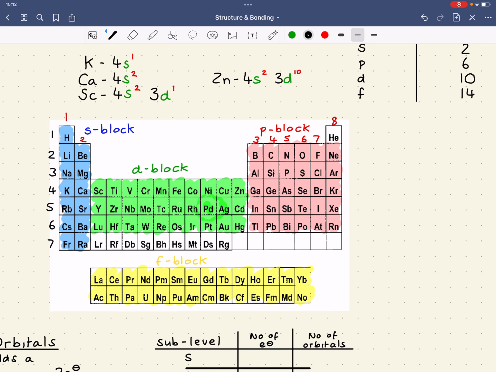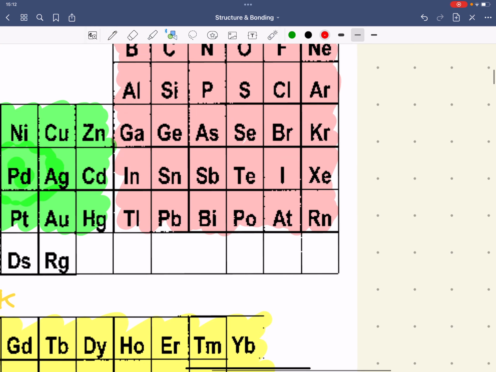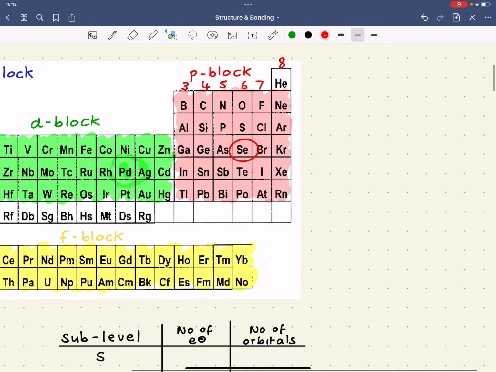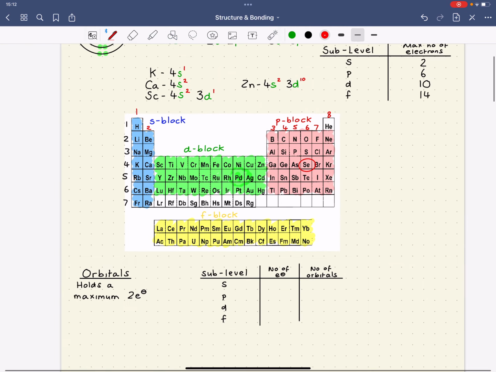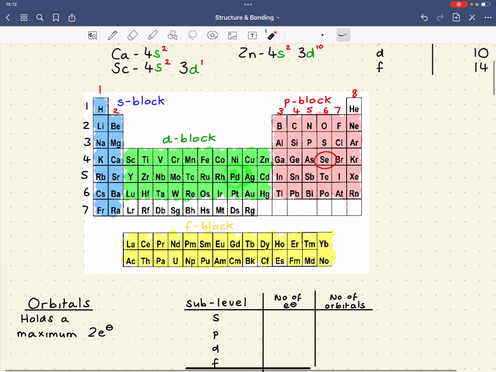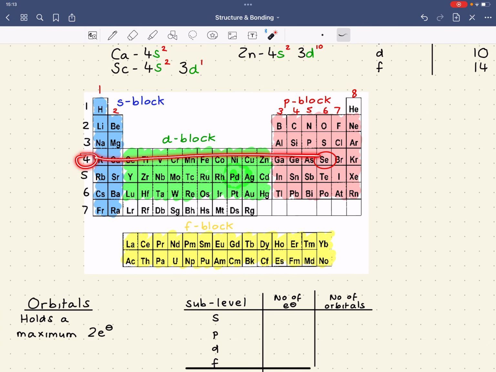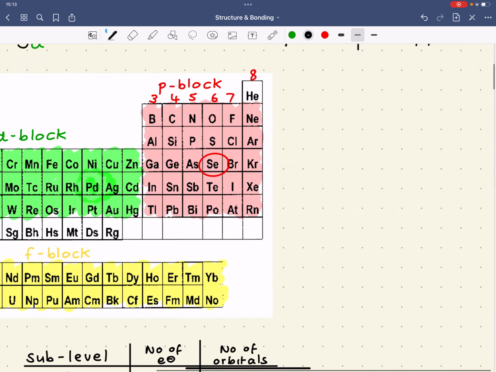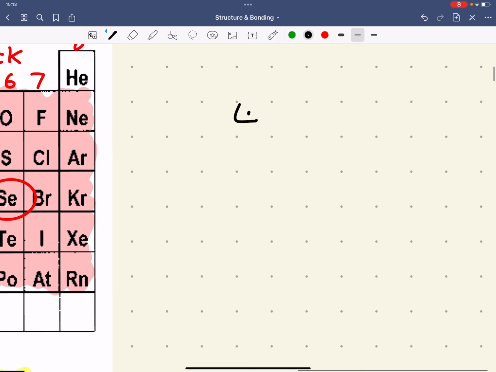So for example, this is simplified. If I look at this, say selenium here, selenium we can see is in period 4. It's in the P block, and it's 1, 2, 3, 4, fourth element in the P block. So selenium then would be 4P4.